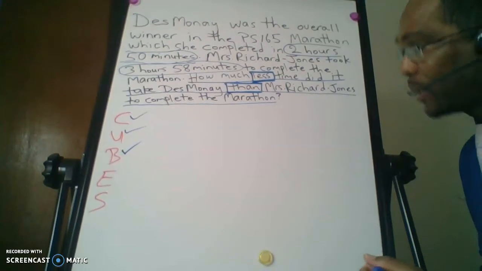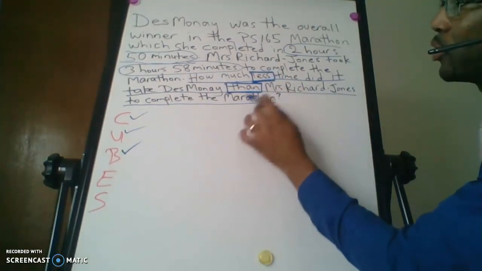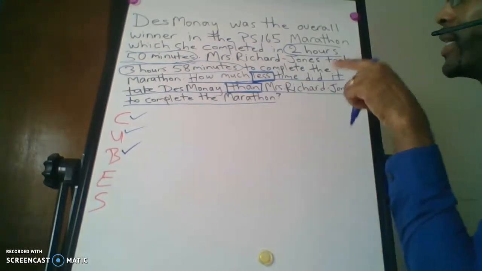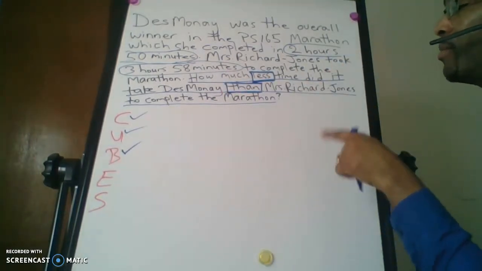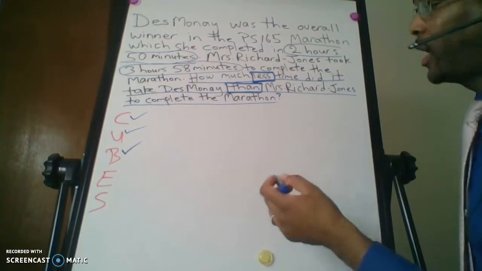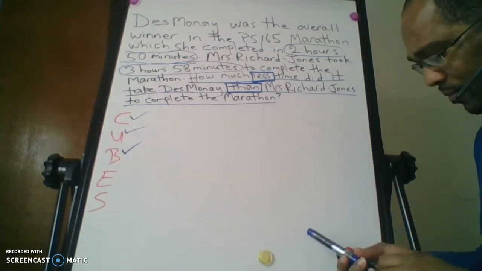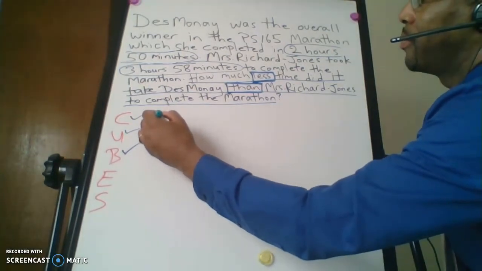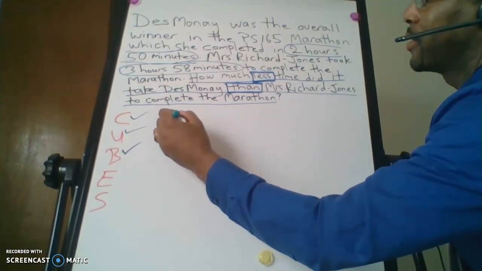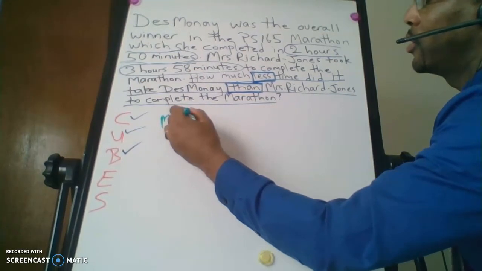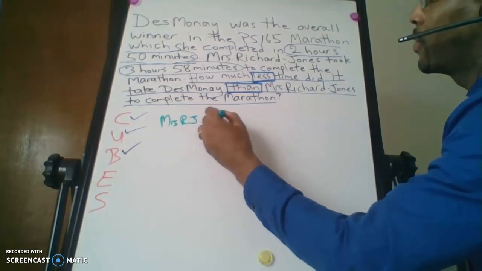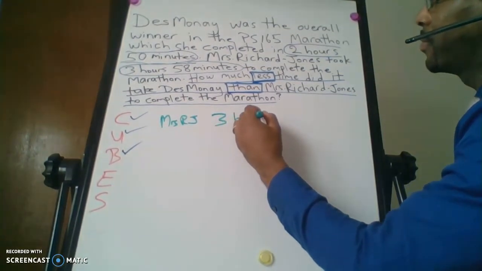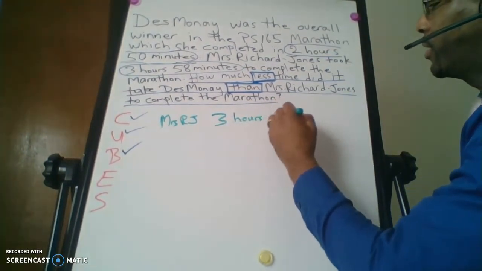Now I'm going to evaluate. I know that I have to subtract two numbers. So the question is saying, how much less time does Desmond take than Miss Richard Jones? So let's see how much time Miss Richard Jones took. Miss Richard Jones took 3 hours 58 minutes.